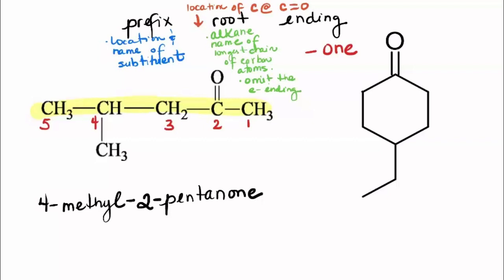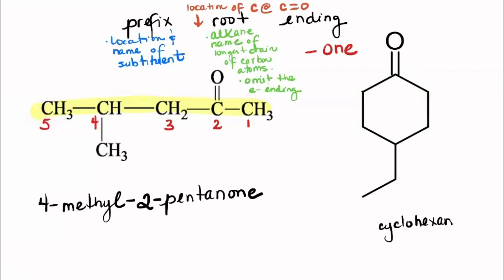In a cyclic ketone, the cyclic structure will be the longest continuous chain of carbon atoms. That means that in this molecule, since I have 1, 2, 3, 4, 5, 6 carbons, the alkane name for the root is going to be cyclohexane. The E must be omitted.